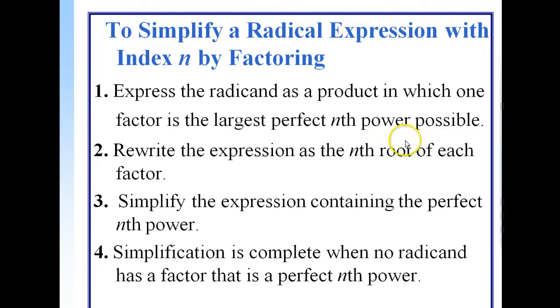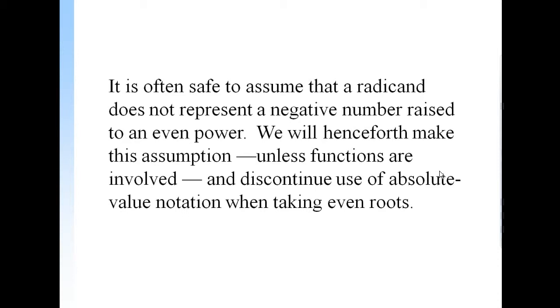To keep the tape short, I'll continue, but you can pause it if you want to read it. And here we're assuming that it was not a negative number if the index number is even, because those would be not real numbers.